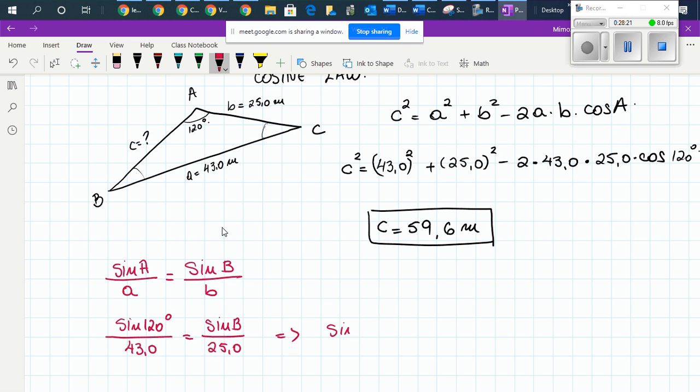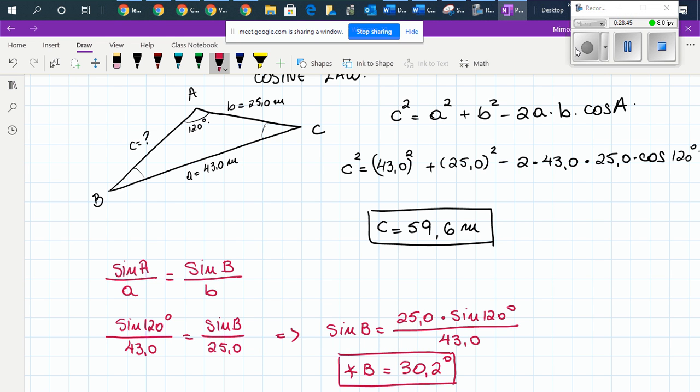From here, sine of angle B will be 25 times sine 120 over 43. So angle B will be, using your calculator, equal to 30.2 degrees.